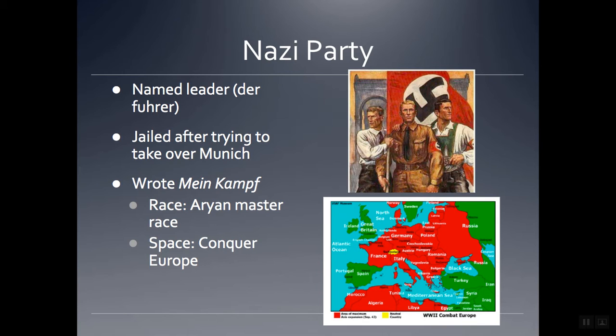So, race meaning he believed in this Aryan master race, this master race that was superior to any other race in the world. And he believed that race needed space to inhabit, to live, to grow, to populate. And so, space needed to be made for that Aryan master race. So just remember those two concepts of race and space.